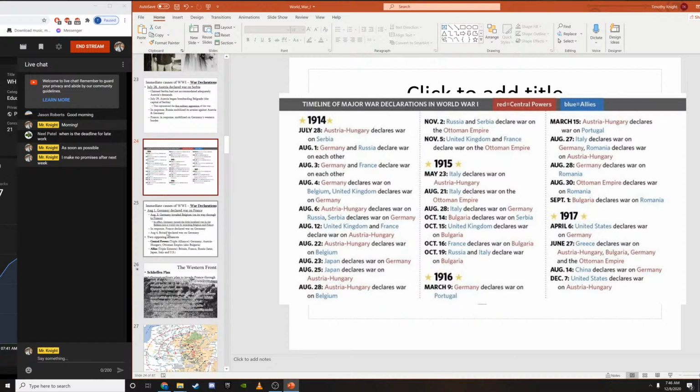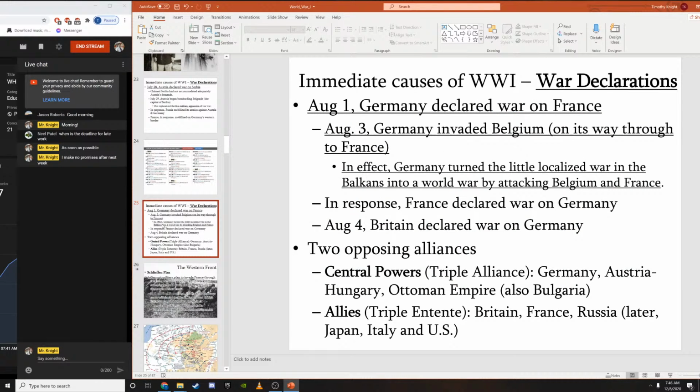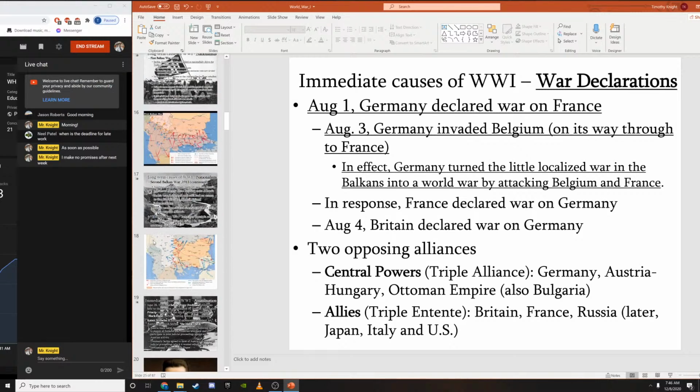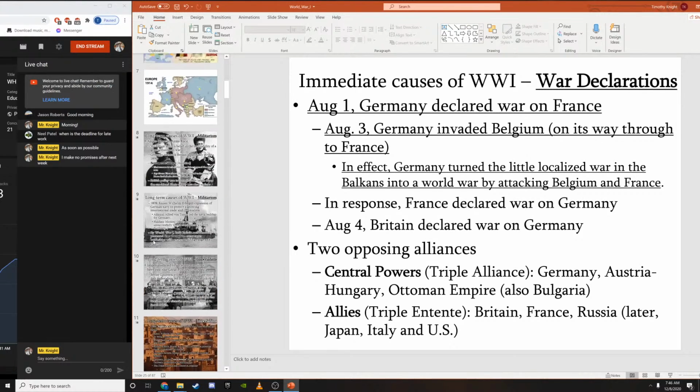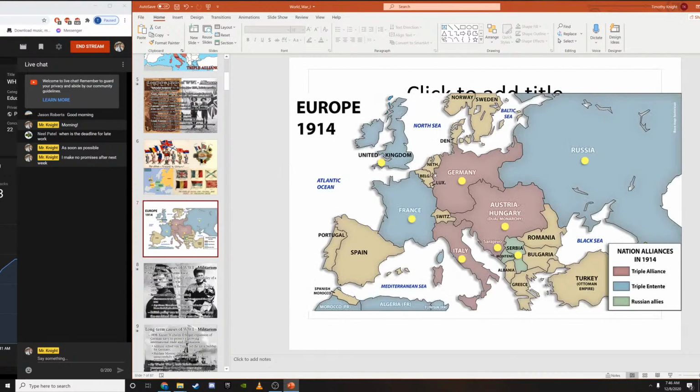So August 1st, Germany declares war on France, and by August 3rd, Germany had invaded Belgium on its way to France. Now, if we take a look at a map here, let me pull this up. Here's Belgium. Belgium is situated between Germany and France.